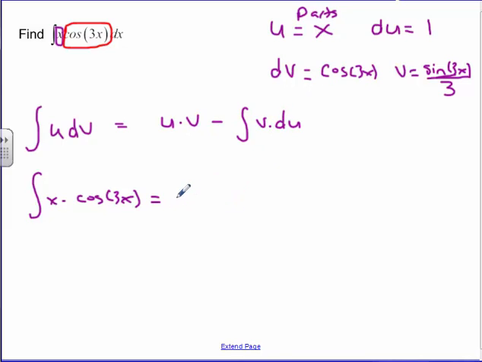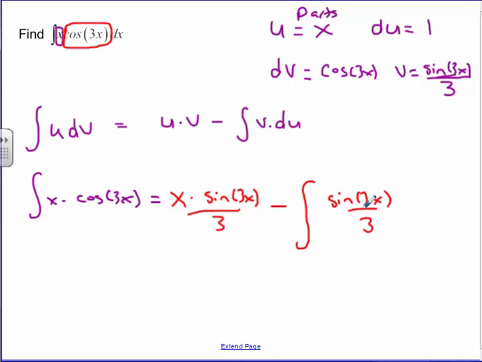u I've defined as x, and v I've defined as sine of 3x, and this will all be over 3. So that part's the easy part. I've antiderived the dv to get v, and I now know these two terms. But the next piece requires me to still do an extra integration. So v is sine of 3x over 3, and it's going to need to get multiplied by whatever du is.